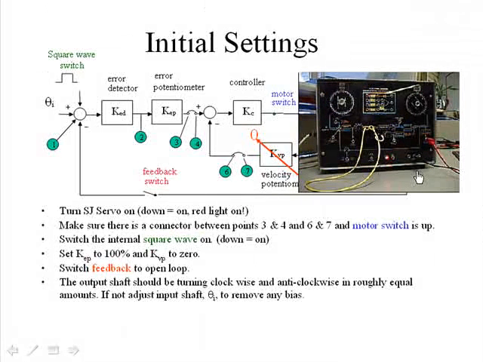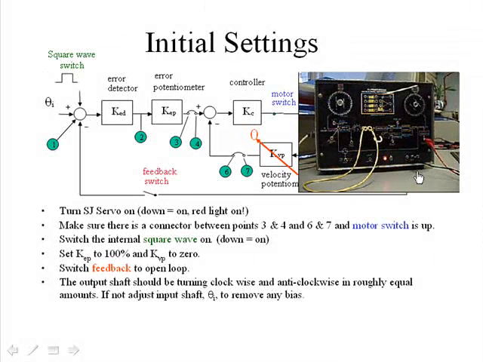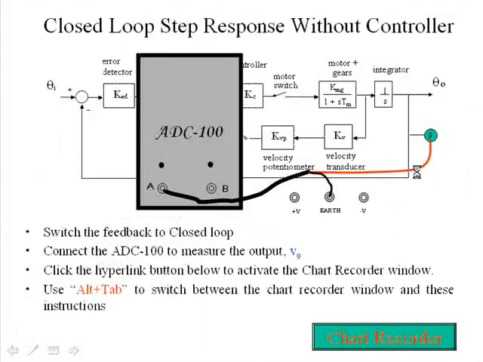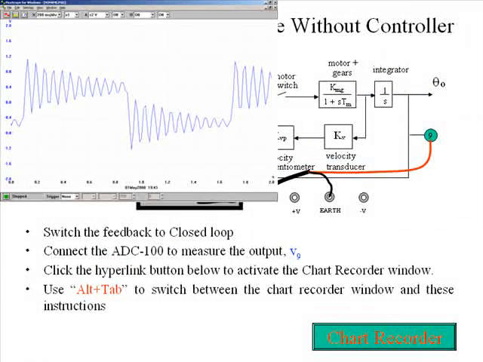Perhaps it doesn't show up fairly well on this video. However, if we look at the actual graph from the chart recorder plugged into the output shaft, you can see that the overshoot is pretty lousy. In fact, so bad that the oscillations haven't completed before the next step has come.